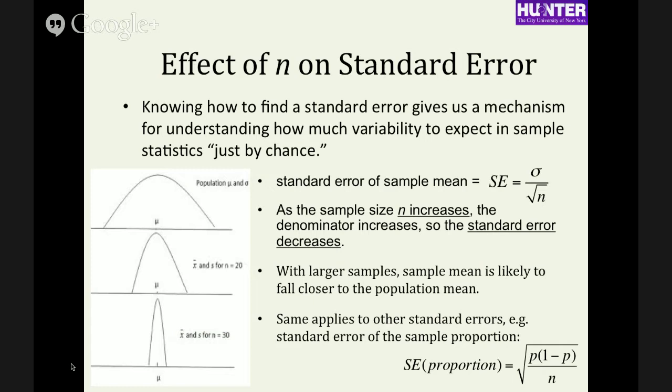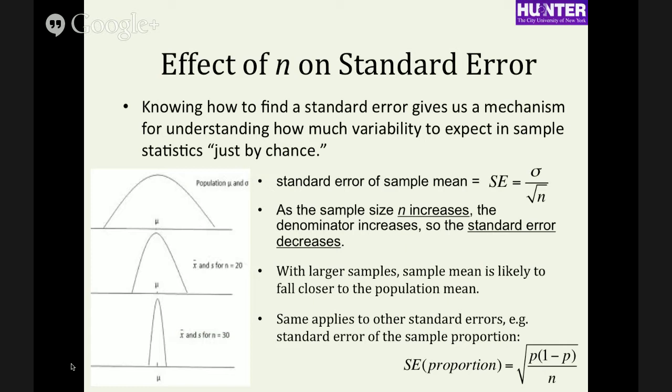This is an essential prelude to the confidence intervals that we're going to do today: the larger your sample size, the more confident you can be, the less uncertainty there is about what the population mean is. We're going to be taking one sample and then making inference about a plausible range of means for the population.